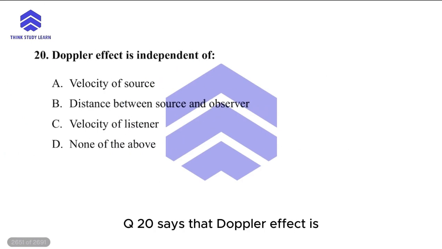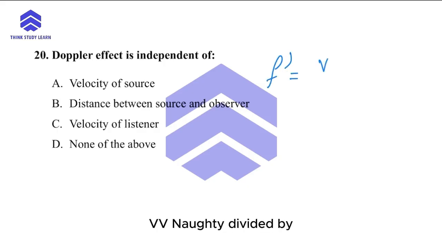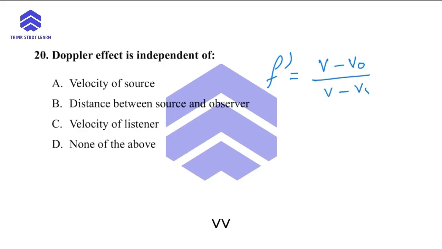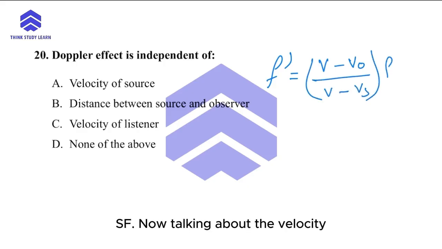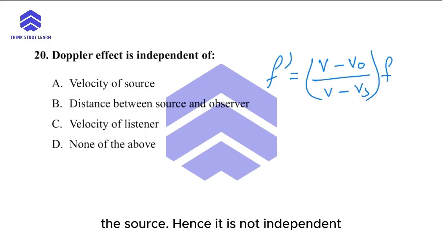Question 20 says that Doppler effect is independent of: velocity of source, distance between source and observer, velocity of listener, none of the above. Now we know that according to Doppler's effect, F bar is equal to (V minus V naught) divided by (V minus Vs) into F. Talking about the velocity of the source, we have the velocity of the source in the formula. Hence, it is not independent of velocity of the source.